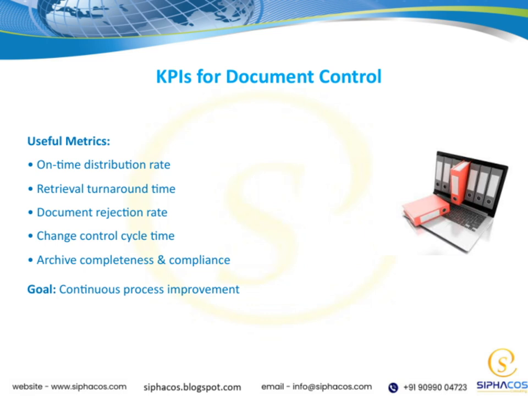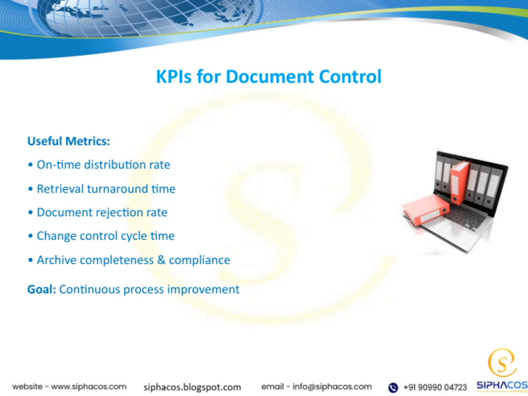The document rejection rate is also important, as it highlights the quality and accuracy of the documents we produce and handle. Then there's the change control cycle time, which measures how efficiently we process and implement document changes. Finally, archive completeness and compliance ensure that our records are thorough, accurate, and adhere to regulations.